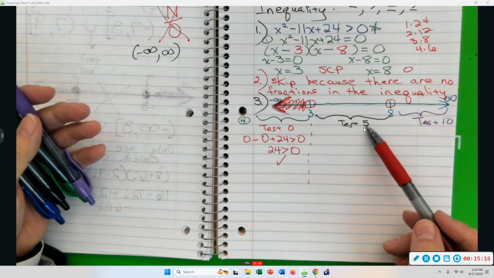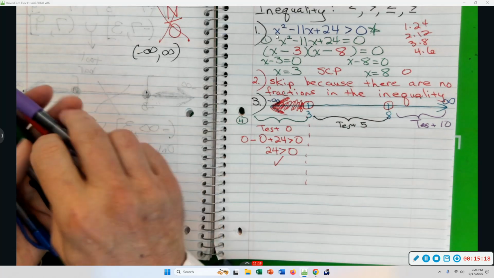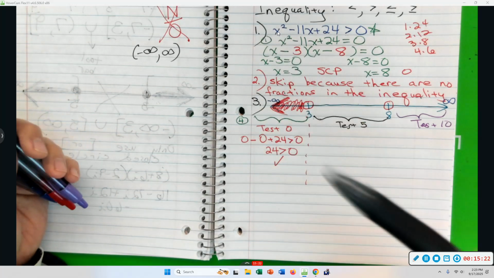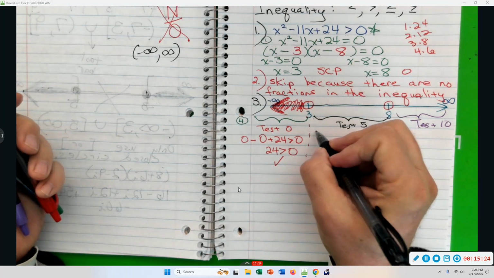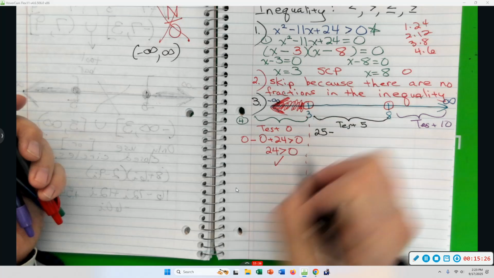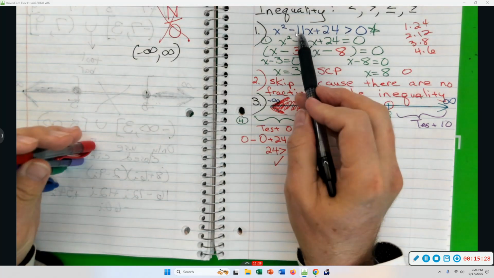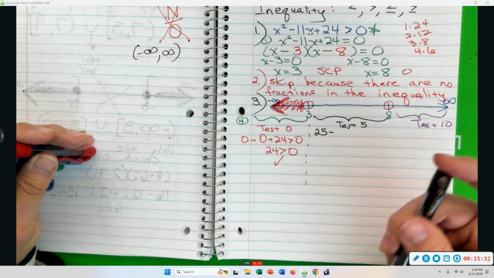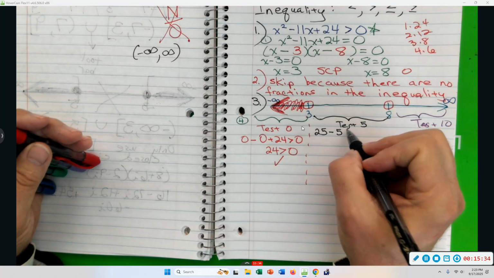What about between 3 and 8? We're going to test 5. Plugging in 5, 5 squared is 25, minus 11 times 5. What's 11 times 5? 55, I agree.